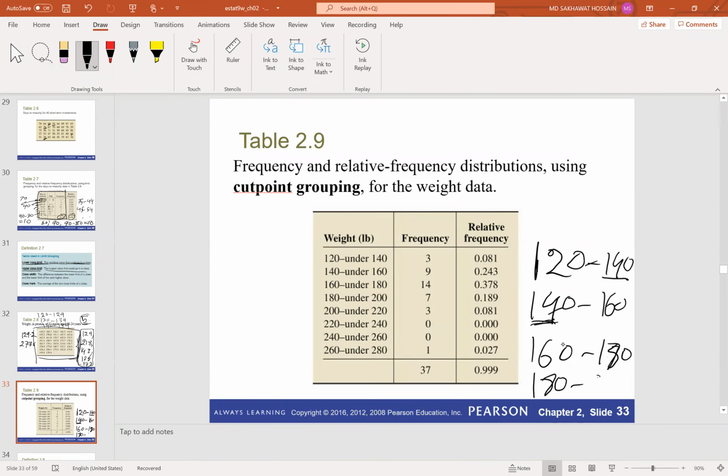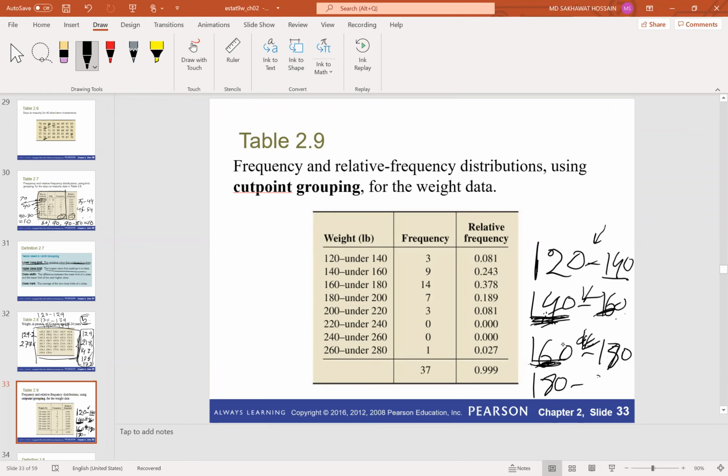For example, if you include 140 in the second group, that means you are considering the lower limit. Then 160 also should go in the group where it is the lower limit, not the previous one. So either you consider the lower limit or the upper limit to include the numbers.